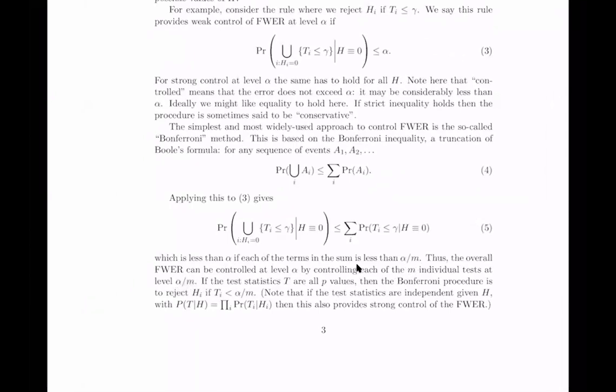So if you did 1,000 tests and you want to control the family-wise error rate at level 0.05, then you would control the individual tests at 0.05 divided by 1,000.